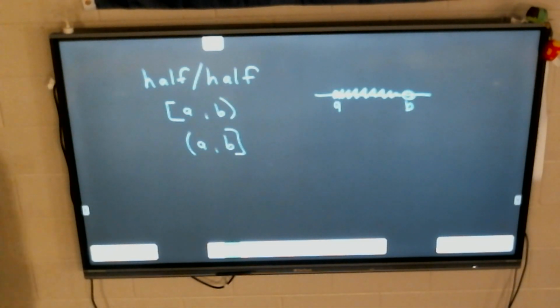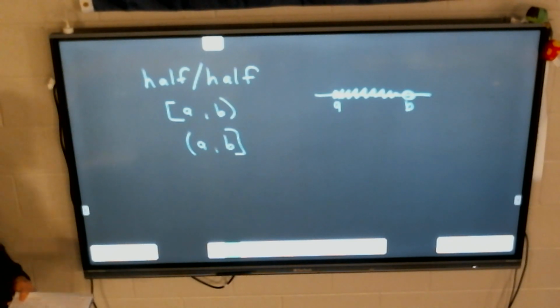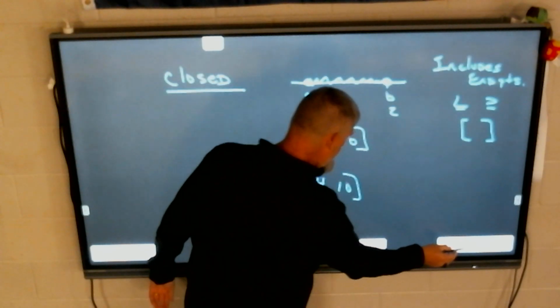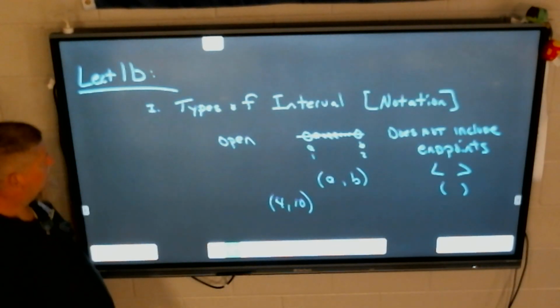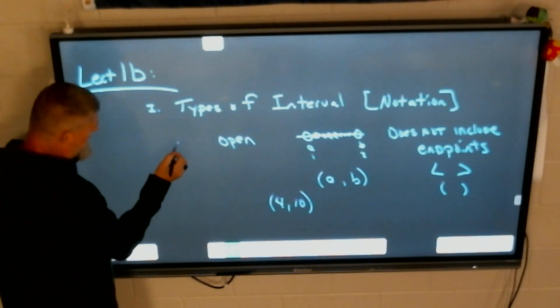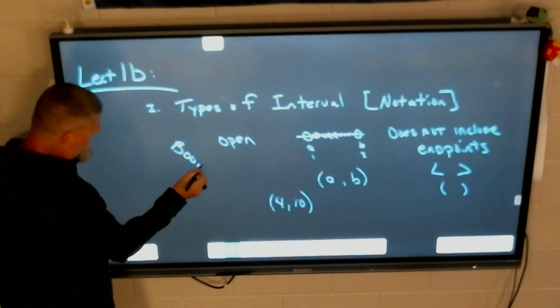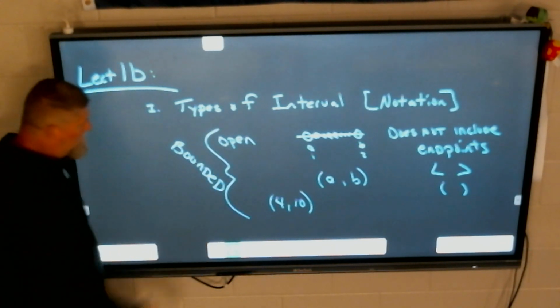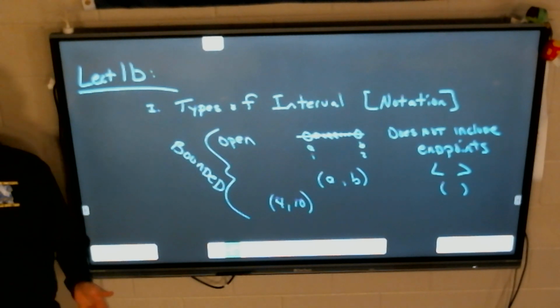Now, did I talk about this? Types of intervals. These are all called bounded. If you have notes off to the side, you could write bounded. In other words, they have a boundary.